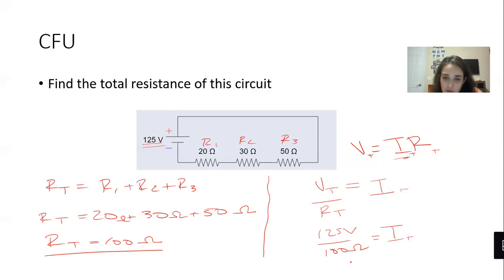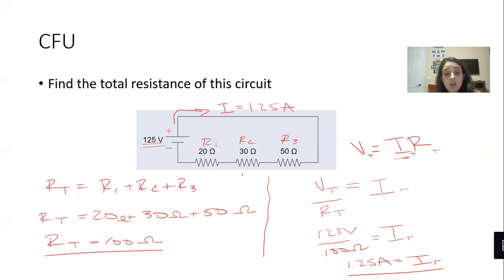That gives 1.25. Remember, the unit for current is amps. So my total current flowing through this circuit is 1.25 amps.